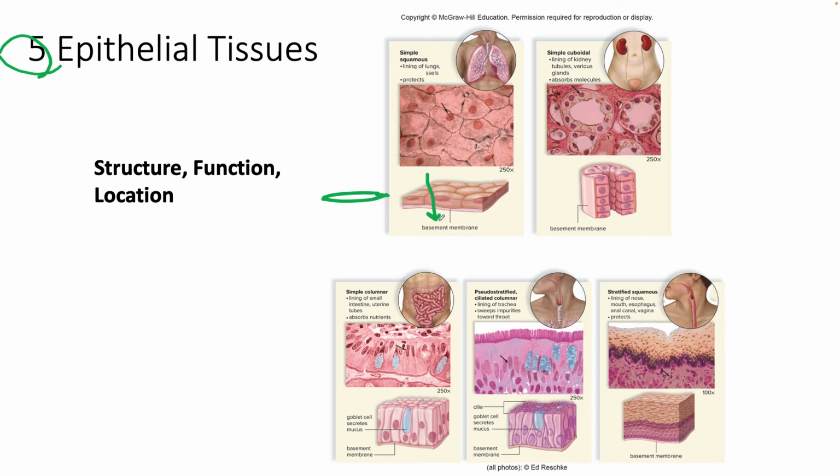Oxygen can diffuse right through very easily. Whereas something down here that's got lots and lots of layers would take forever for oxygen to get through. So that's not a very good function for it. So the structure, what it looks like, influences the function, what it does. Let's look at each of these individually.